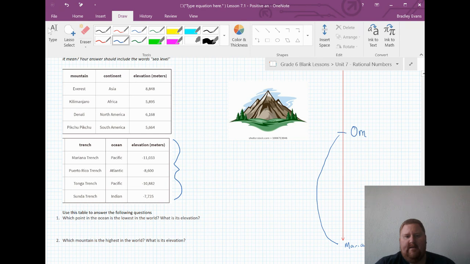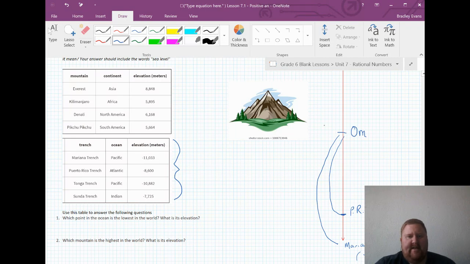And it's at negative 11,033 meters. The Puerto Rico Trench in the Atlantic is negative 8,600. So if we're coming down from sea level, we're not quite reaching the same as the Mariana Trench here. And that's our Puerto Rico Trench.